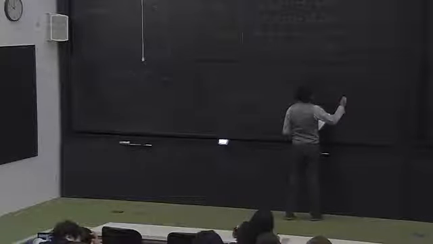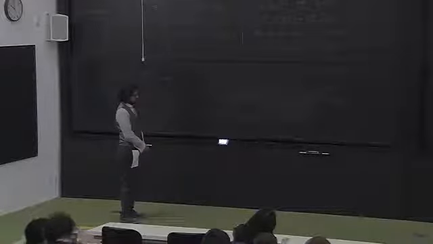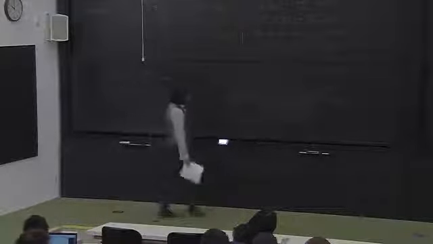So pi mu, if you compute it, remember that this is given by something like this, right? And when you compute this, this is 0, becomes this, right? And now you see that, yeah?